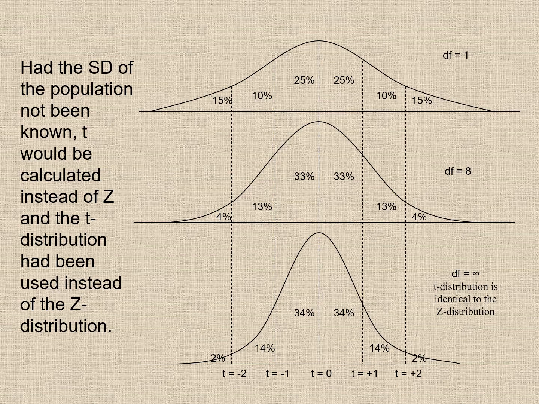But if 9 of those values are known and we know that the sample mean is 15, then the 10th value has to be a given value. So in a sample of 10 individuals, given that we know the sample mean, 9 values are free to vary. In a sample of 20 individuals, given that we know the sample mean, 19 of the 20 values are free to vary, and so on.